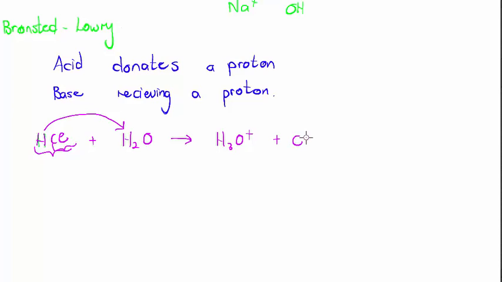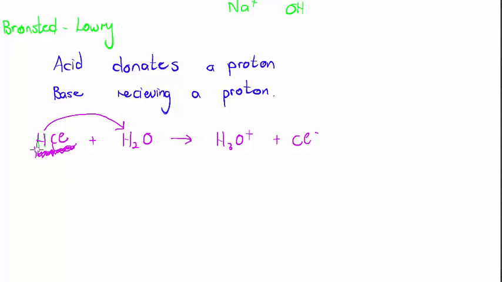So in there are floating negative chlorine ions. Does that make sense? Now we can look at what are called Bronsted-Lowry conjugate pairs. What that means is that on this side, something is donating ions and something is receiving ions.